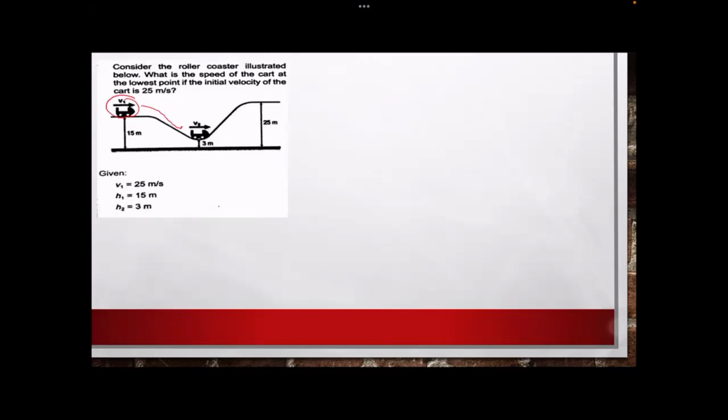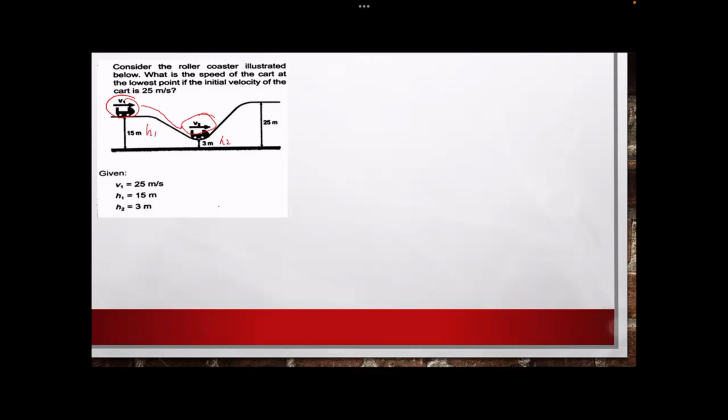So ito yung H1 natin. This is the H1, that is 15. And the H2, ito yung 3 meters. Ang hinahanap natin is yung V2 or final velocity.